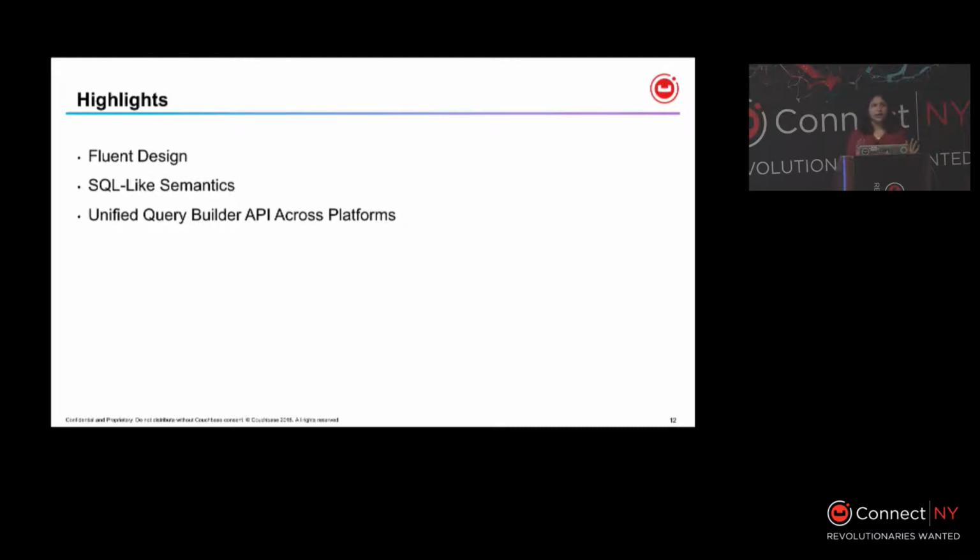Of course, note that it's not the same API across all. It's idiomatic to the language that you're using. So if you're using Swift, it's going to feel idiomatic to Swift versus Java and so on. But the key is that the API is unified. So you know that if you're constructing a query a specific way in Java, it's going to be similar in Swift or Objective-C, for instance.